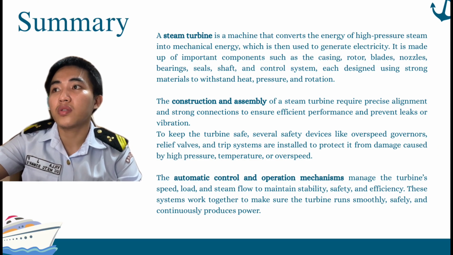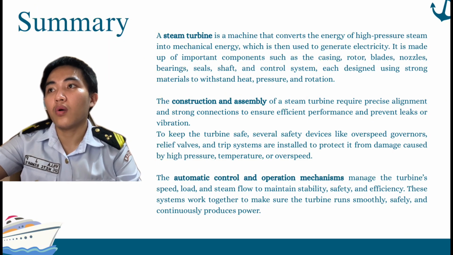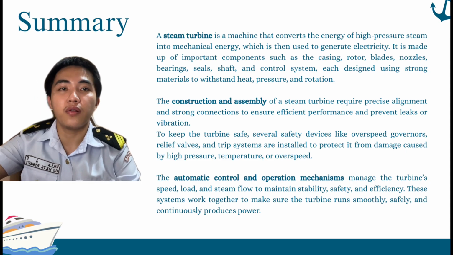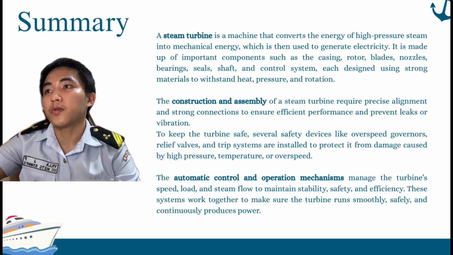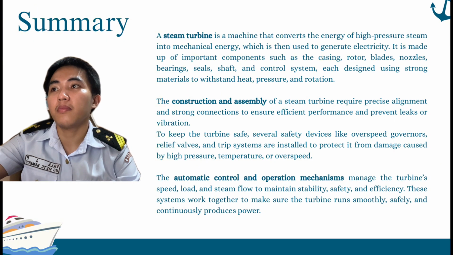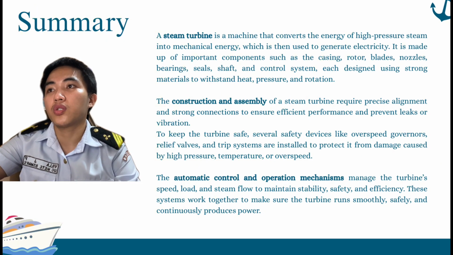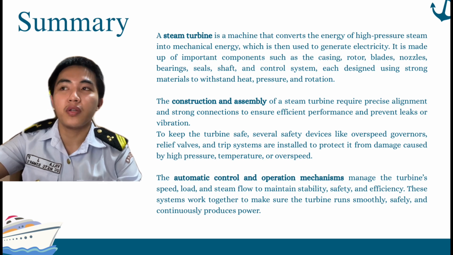Each is designed using strong materials that withstand heat, pressure, and rotation. So the construction and assembly of a steam turbine require precise alignment and strong connections to ensure efficient performance and prevent leaks or vibration.